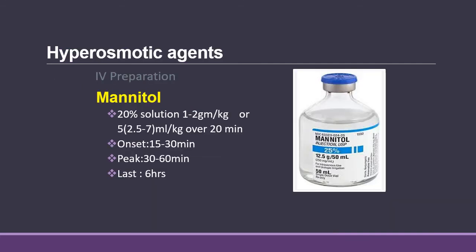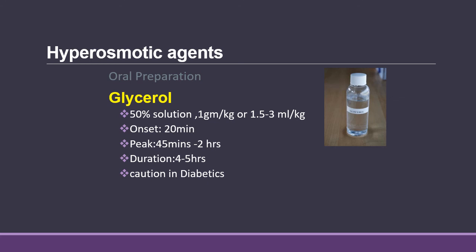So first is mannitol. It is used as an IV preparation. It comes in a 20% solution. Dose is 1 to 2 gram per kg, which is given over 20 minutes. Onset is 15 to 30 minutes. Peak occurs at 30 to 60 minutes and lasts for 6 hours. Oral preparations are glycerol, which comes in 50% solution and dose is 1 gram per kg.